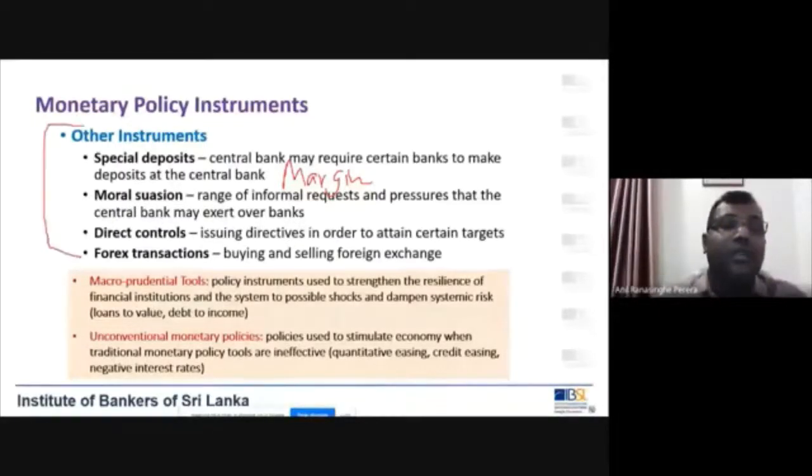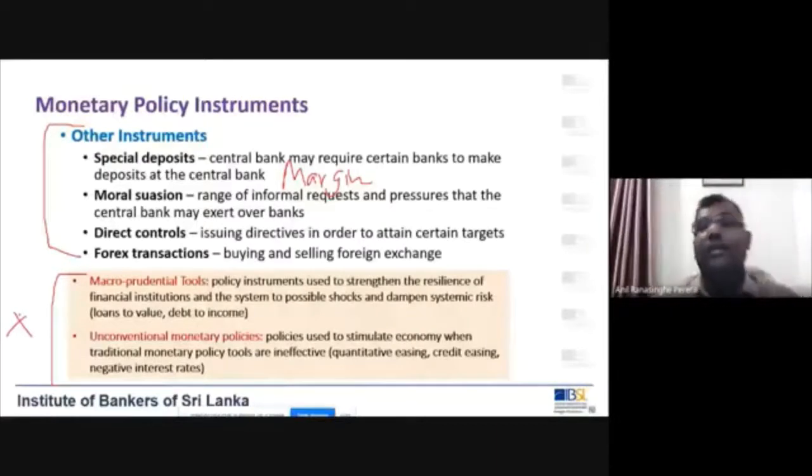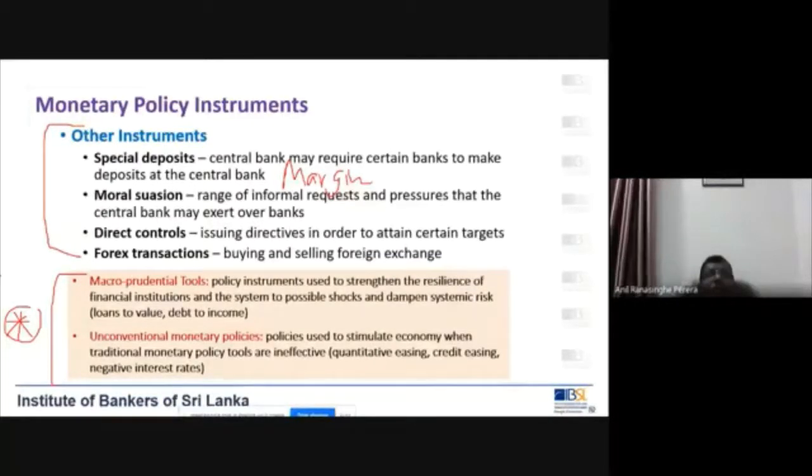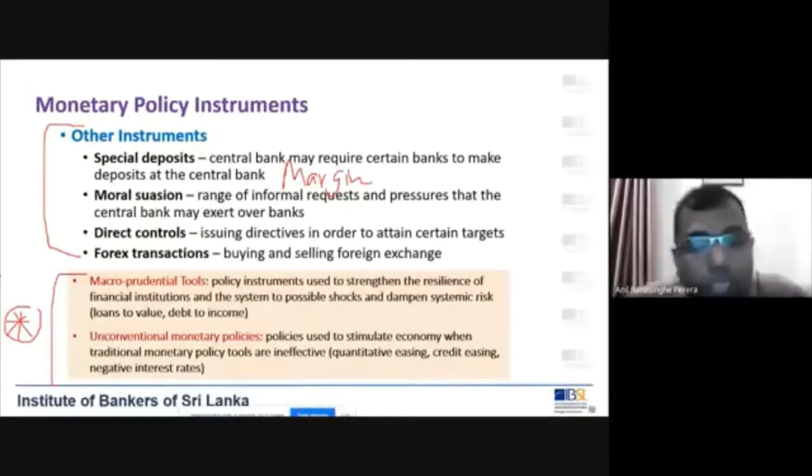Now I have put another two important instruments in the colored shaded area. One is the macroprudential measure. Macroprudential, as I told you, I have used these terms interchangeably, is where the central bank is using some policy instruments to ensure the resilience of the financial sector.